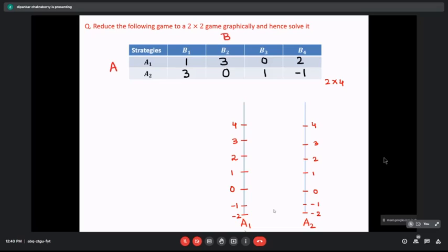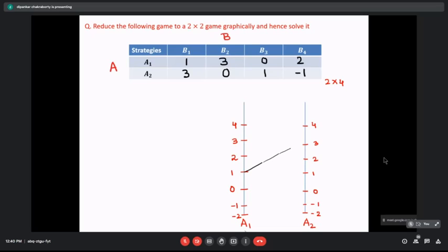Now I'm going to draw a line joining the points. We can see that the B1 strategy is joining the points 1 on A1 and 3 on A2. So if I take A1 as 1 and A2 as 3, I can draw a line.